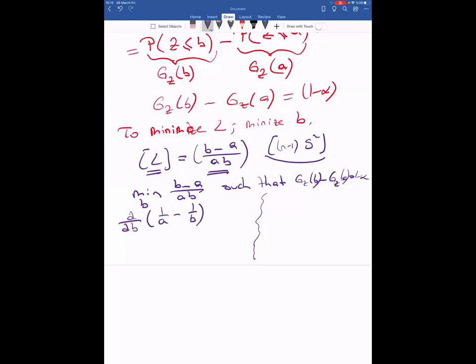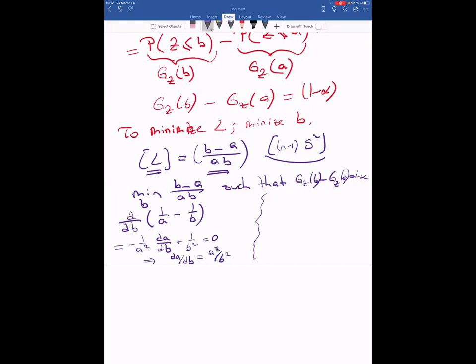They are functions of each other, so we cannot write them separately. So we have 1 minus A squared dA over dB plus 1 over B squared, and equate this to 0. From here, we get dA over dB equals A squared over B squared.